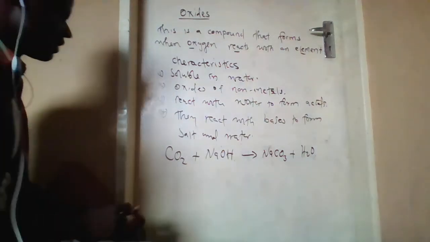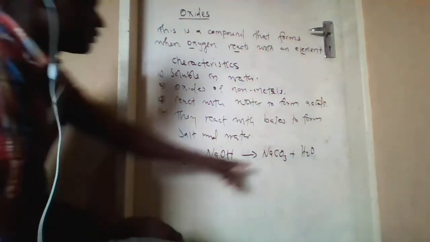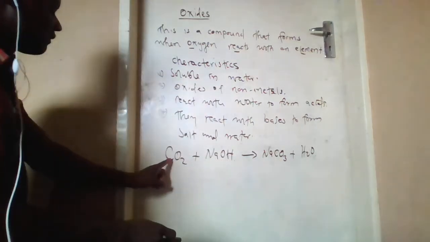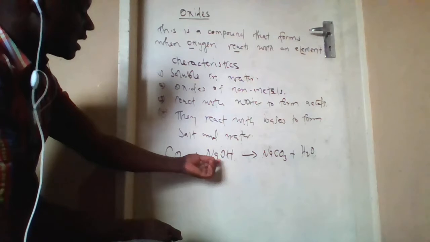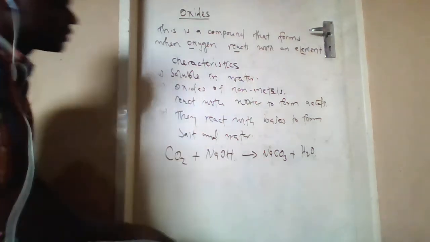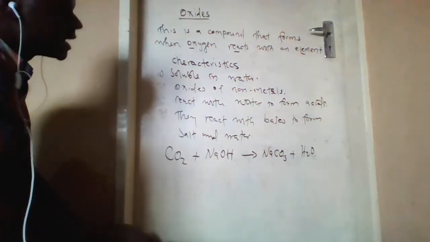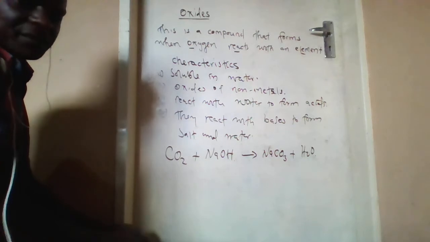It's just a matter of balancing up there because we've got oxygen here. So we are going to have carbon dioxide plus sodium hydroxide, which is a base, an alkaline for that matter, to form sodium carbonate, which is a salt, and then plus the water there.